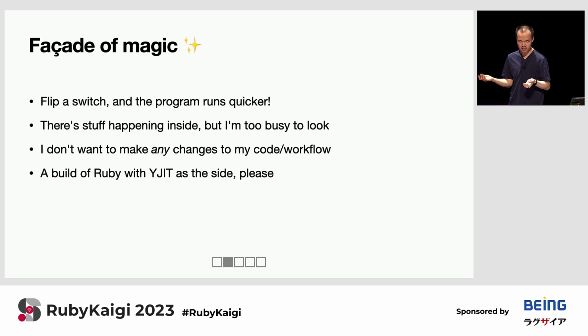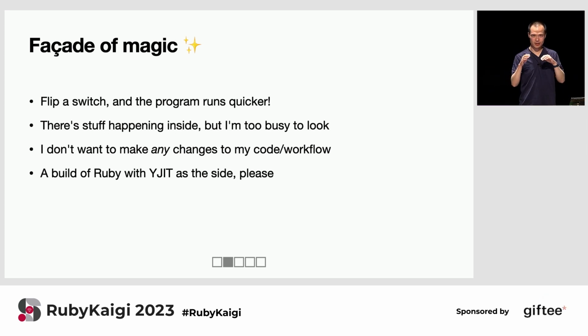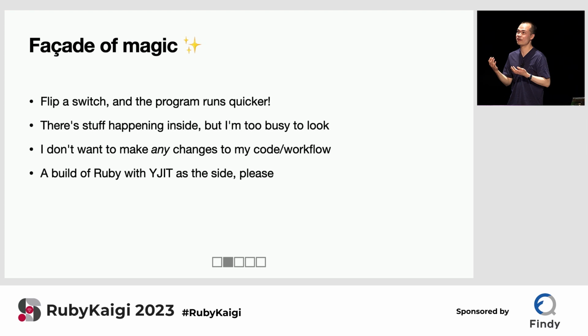Of course, there's no actual magic here, and like facades for buildings, there are holes that allow you to look into the inside. By nature, generating more code at runtime is going to use more memory than not doing anything, right? But we try to be efficient anyways in service of this facade. Being able to obtain YJIT in the first place is also part of that.